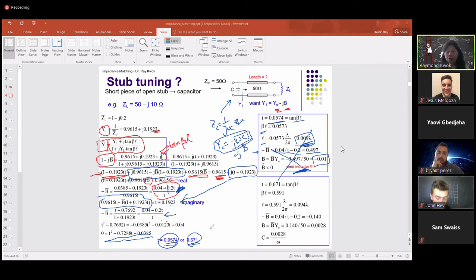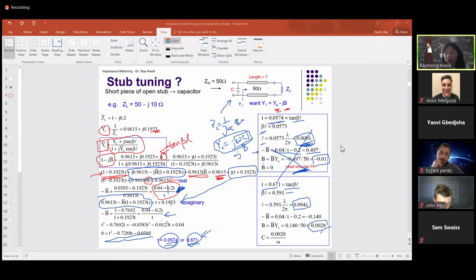The second solution, however, when T is equal to 0.671, if you solve for beta L, you get L at a different location. But when you plug in to solve for B, now B is a positive number.